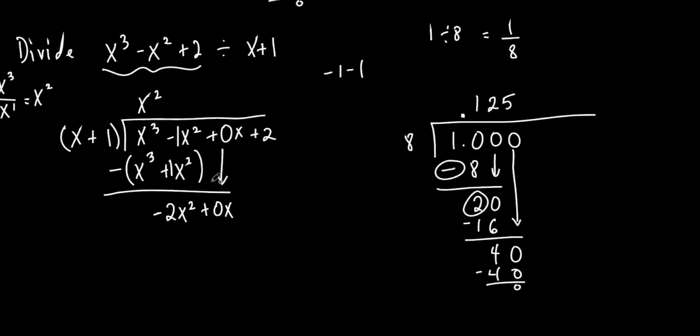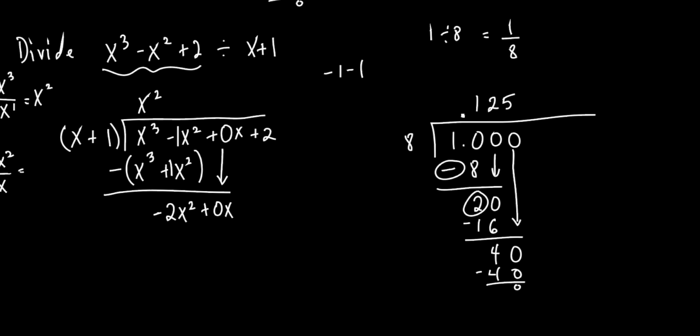So now we do the same thing over again. We say, how many times does x divide into this one right here? Because we said, how many times does 8 go into 20, correct? It's the same thing here. How many times does x divide into negative 2x squared?